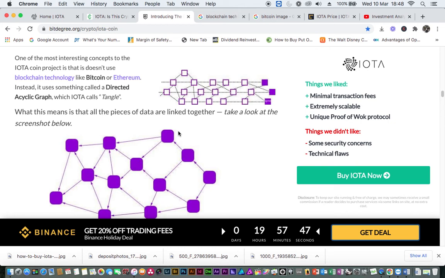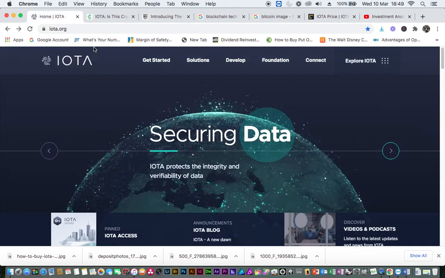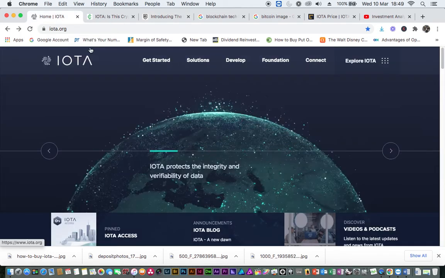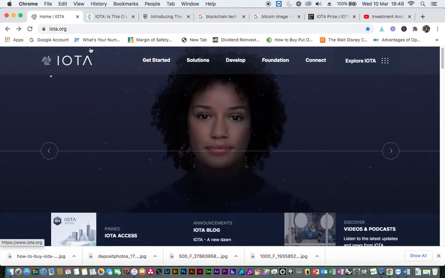The digital asset named IOTA project has its own embedded cryptocurrency, which is called MIOTA or IOTA coin. Let us stick to IOTA coin in this presentation to simplify things.